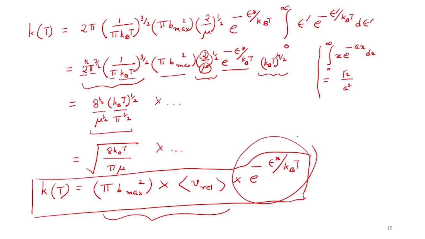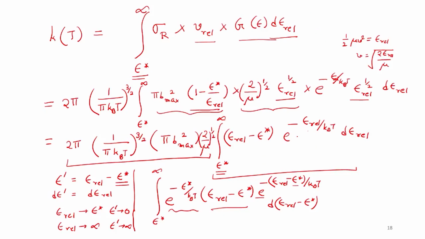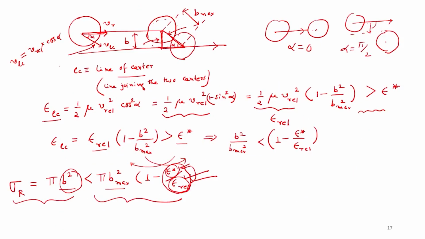Now this is a very beautiful result, because what we were looking for, we got it, because it shows the Arrhenius-like behavior, and we got it just by using the fact that this impact parameter is connected to the threshold energy: the ratio of this impact parameter to the maximum impact parameter will actually be connected to this threshold energy.